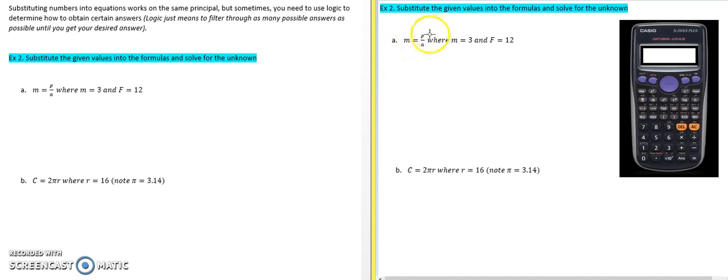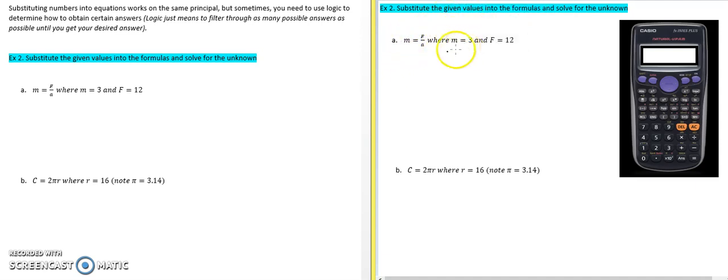M is equal to F divided by A, where M is equal to 3 and F is equal to 12. Any letters that we see within this formula and any numbers that have been given, we're just going to replace them. And whatever's left over, we are going to try to solve for that.